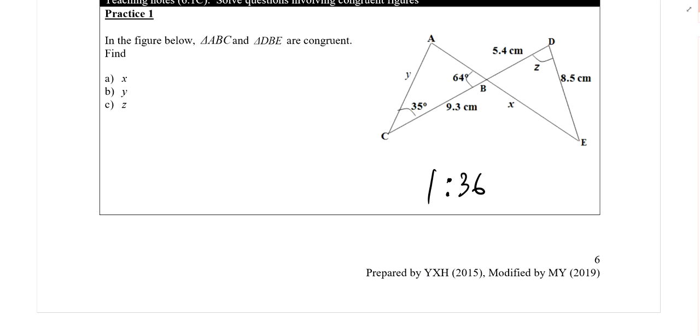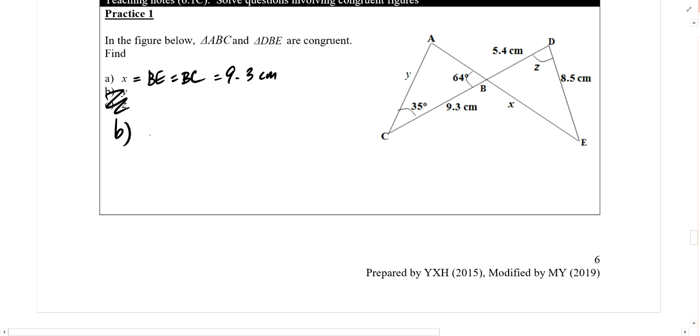So X is supposed to be BE, which is the same as BC, which is 9.3 cm. Part B, Y. Y is equal to AC, which is DE, 8.5 cm.